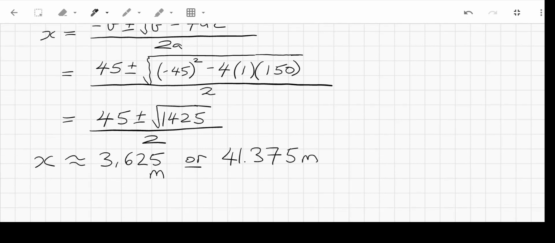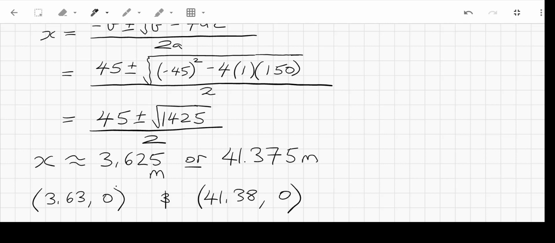So the x-intercepts, if I round to 2 decimal places, are 3.63, 0 and 41.38, 0.